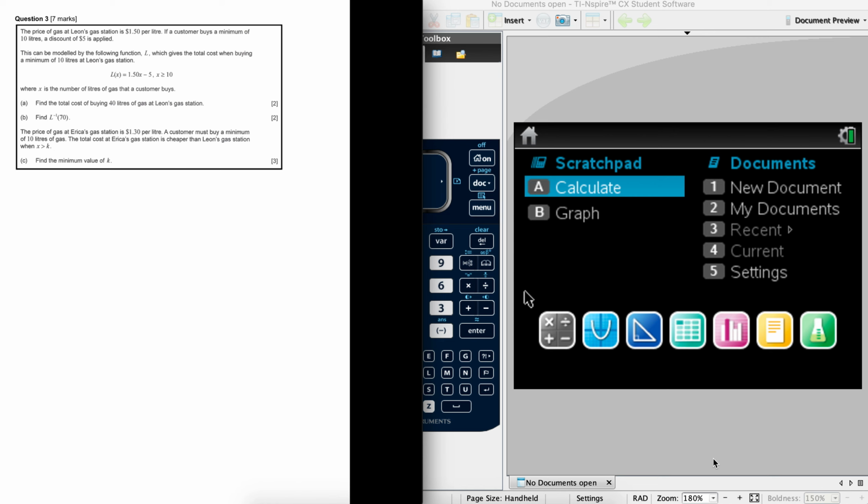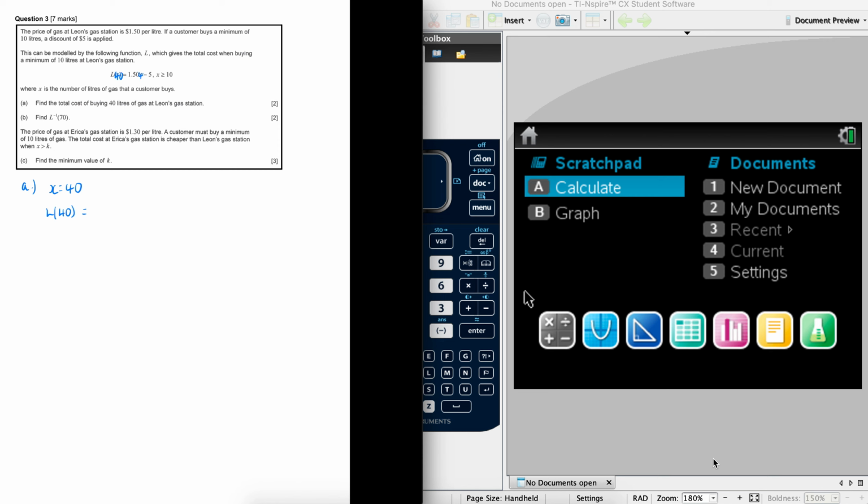So the first part is finding the total cost of buying 40 litres. What we're doing here is just finding what happens when x is equal to 40. That's all it's asking us to do. The notation for this is L of 40 rather than L of x, so I replace the x with 40.